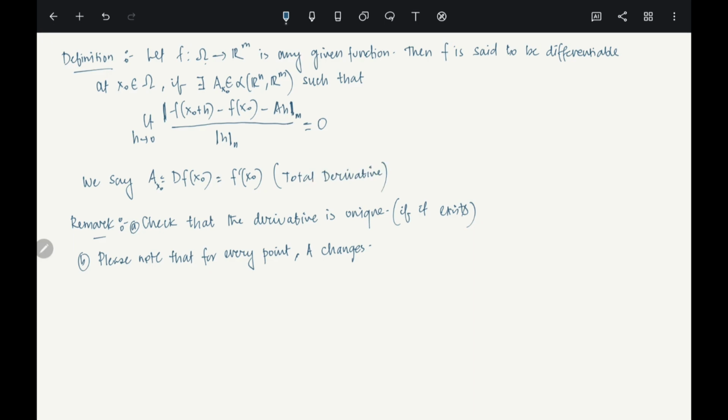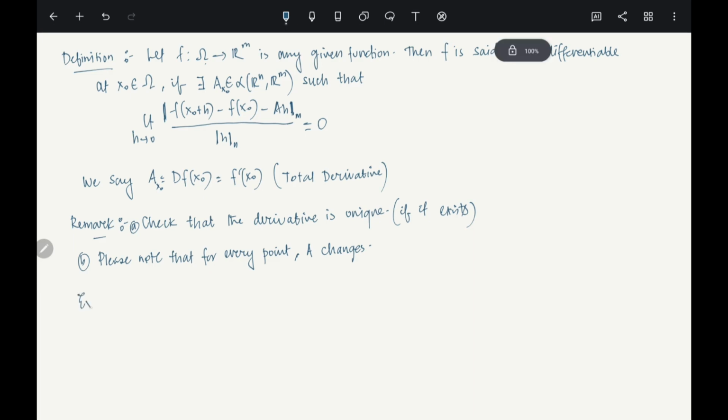So now the thing is this, see, the derivative of a function from Rn to Rm is basically a linear transformation from Rn to Rm. So let me put as an example: what is the derivative of a linear transformation, okay. So if you are starting out with a linear transformation, what should be its derivative?